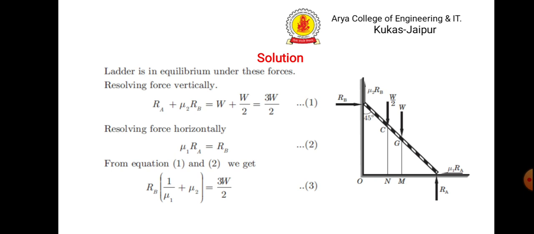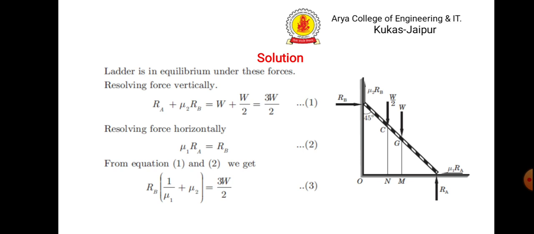As the ladder moves downward on the wall side, the friction force, that is mu 2 into RB, acts in the upward direction, and the ladder slips on the floor, moving in the rightward direction. So mu 1 RA is the frictional force in the left hand direction. Now if we resolve the forces vertically, RA plus mu 2 RB, all upward, will equal W plus W by 2, all downward.